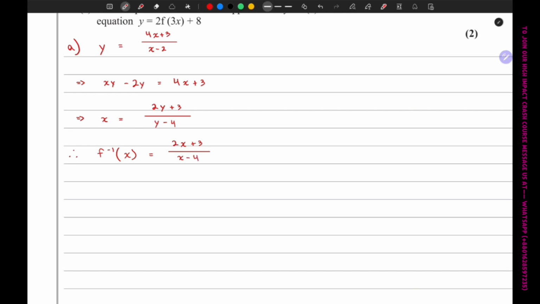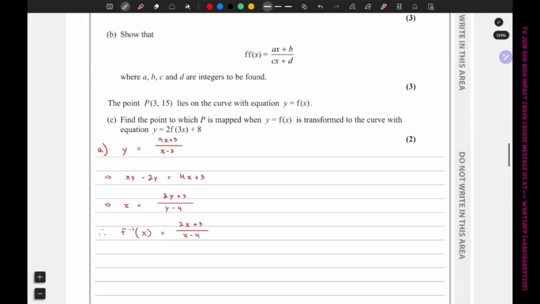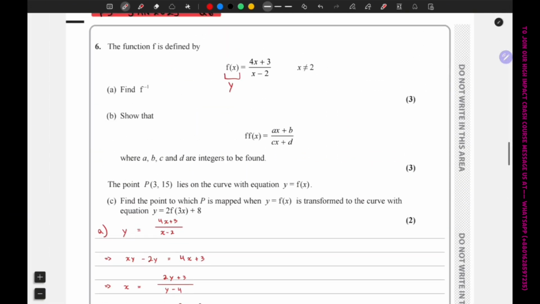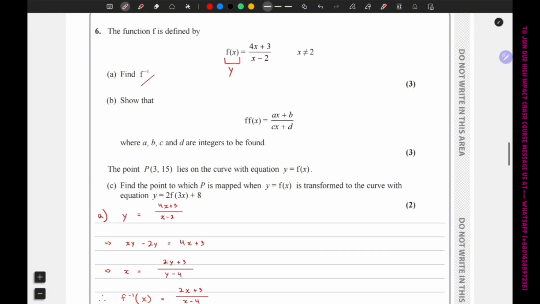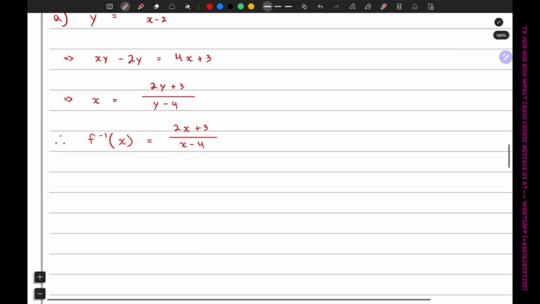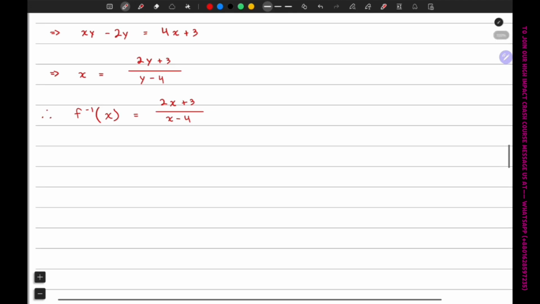Now these are O-levels Maths B questions, but the difference between the O-levels Maths B function and the A-levels Maths B function is that in A-levels P3 you also need to state the domain of the inverse function right beside it. After finding the inverse function, you need to write down the domain. So first of all, you need a bracket.